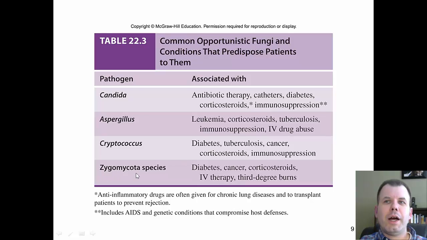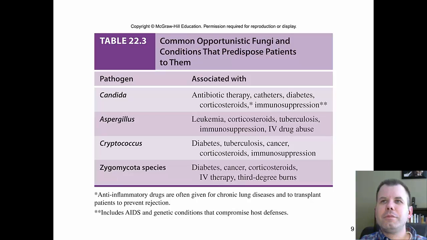And then the zygomycota, which is actually bread mold. Bread mold can cause opportunistic infections. This can be pretty scary for people who aren't healthy and have moldy bread in the refrigerator; they could potentially get the disease from that moldy bread if they don't take care of it because their immune systems are weakened. You have to be very careful with some of these things because they spread easily through the air as spores.